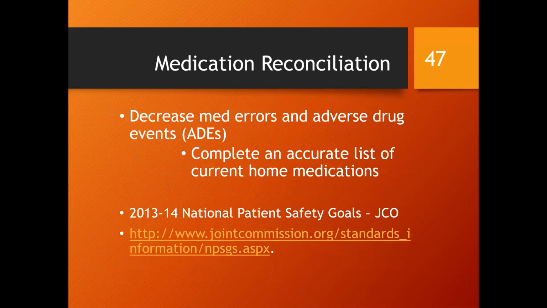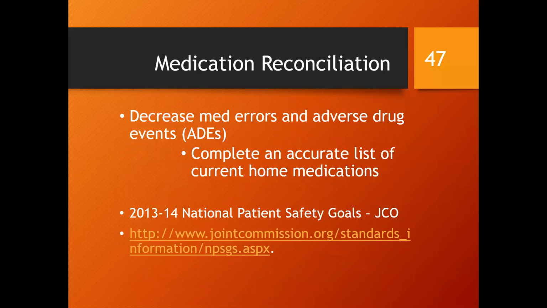Medication reconciliation. In 2005, JCAHO, it used to be spelled out a little differently, but it's now the Joint Commission, made medication reconciliation a priority by adding it to the National Patient Safety Goals. That had to be implemented by 2016, so it's been implemented for a while. This was made to decrease medication errors and adverse drug effects, or ADEs.